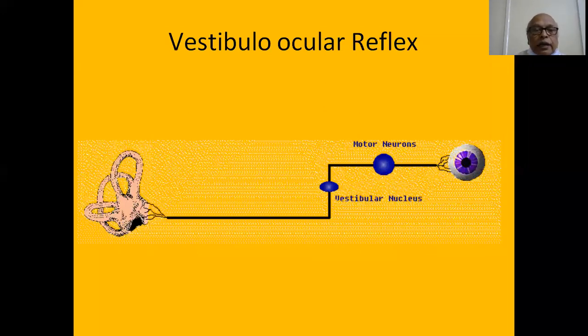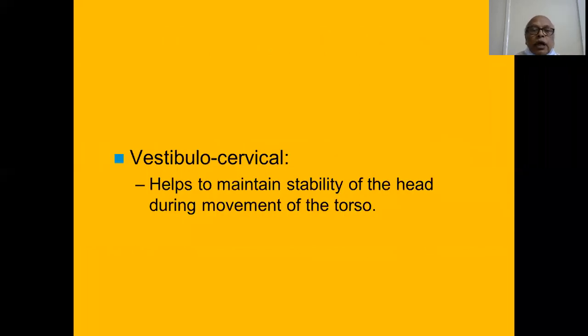So this is the vestibulo-ocular reflex. If the vestibule is stimulated, then immediately the impulses are carried from the vestibular nucleus into the motor nucleus of the extraocular muscles, and the nystagmus appears. And there is the vestibulospinal reflex.